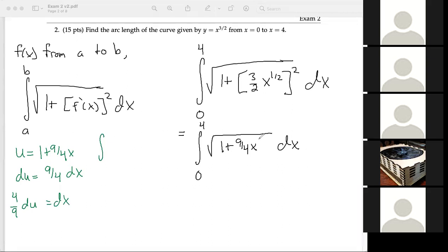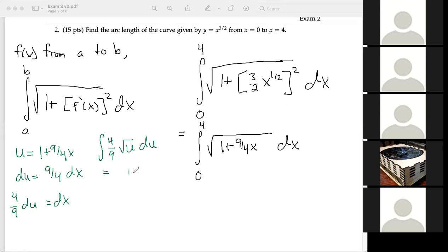So the integral that we're left with, maybe forgetting about these constants for a little bit, or you can convert these constants to u by putting them into this equation here, but I'll just find the antiderivative first. So we get the 4/9, which is coming from there. Then we have the square root of u, replacing the inside part with u, and then du. And now we can use the power rule.